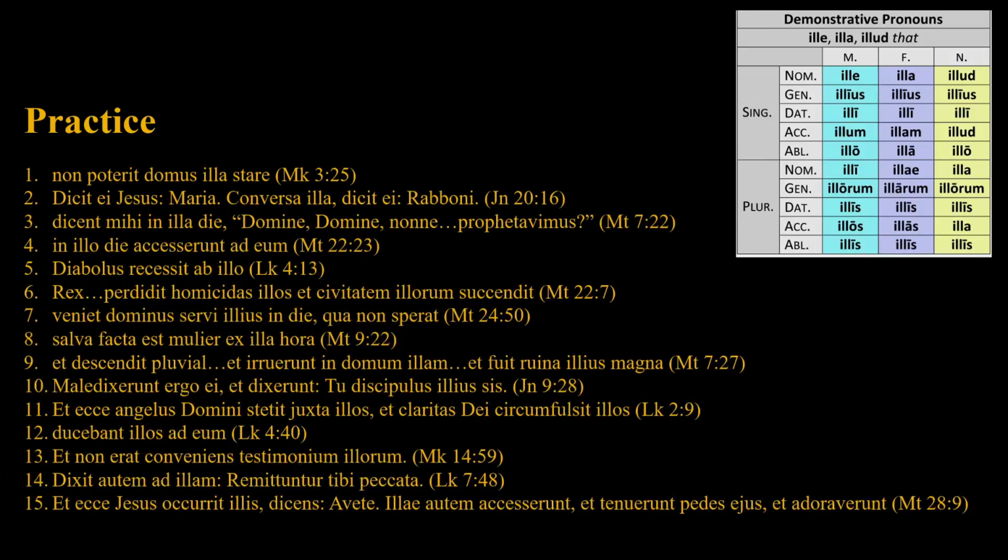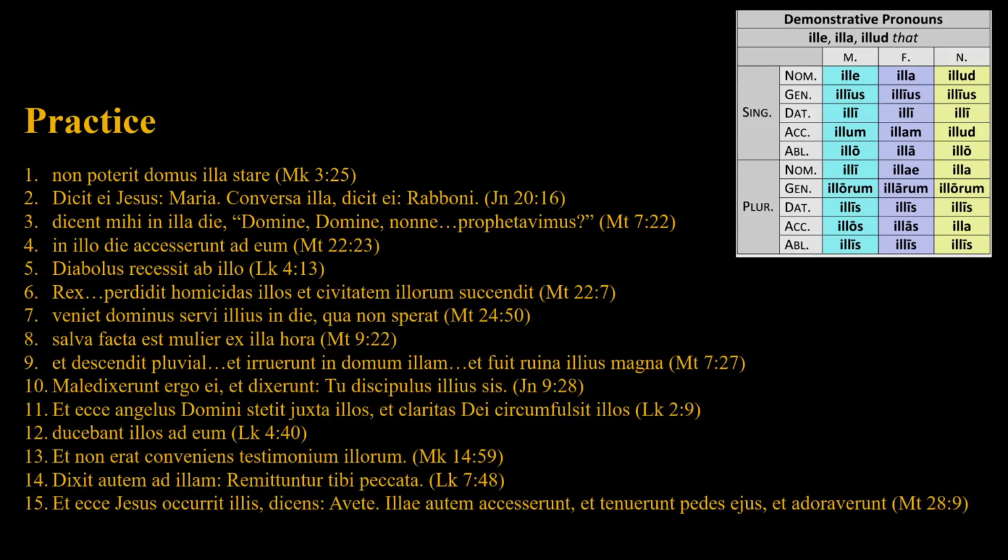Okay, so illa, there, that. And we see that it's feminine singular nominative. Okay? Dicit ei Jesus Maria. Jesus says to her, Maria, conversa illa. Turning, conversa, turning around, illa. Illa, it's a little hard to translate. That feminine thing, that female person, turned, right?